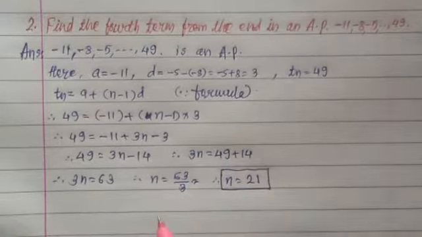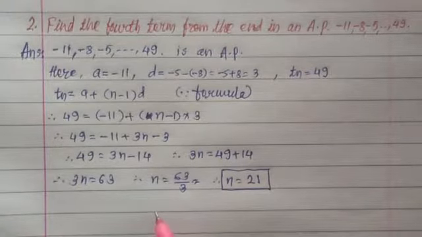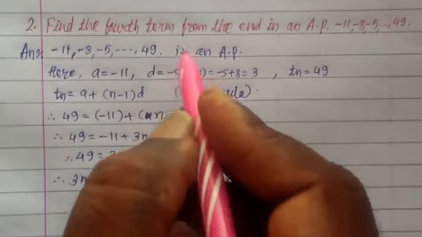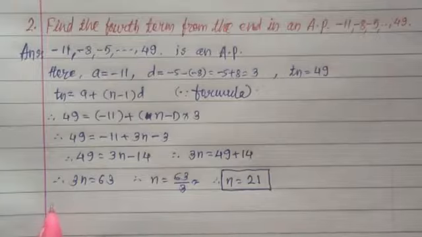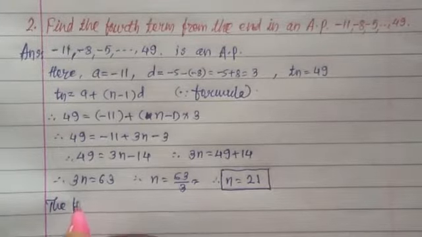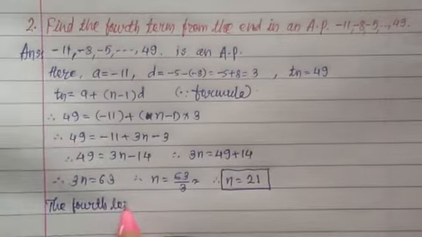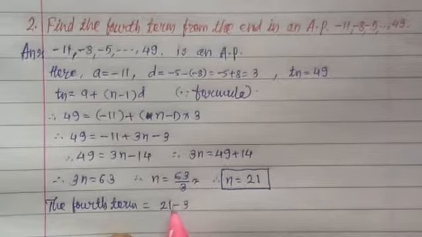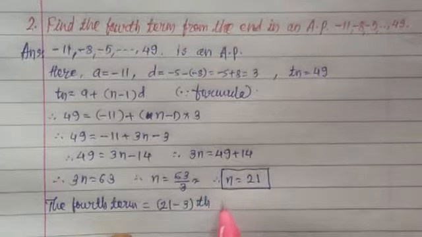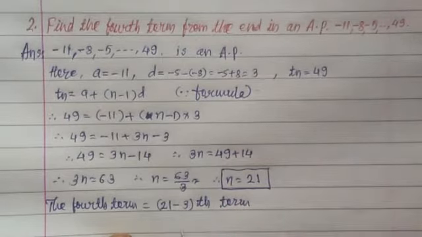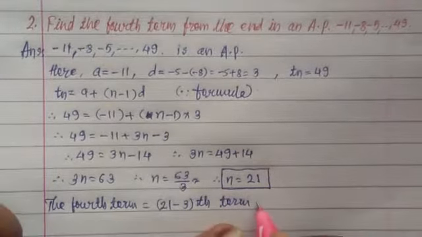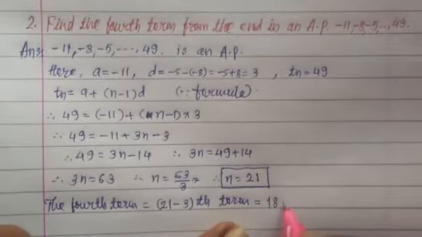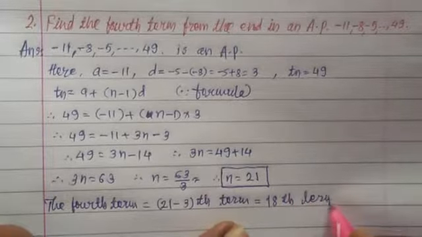Now we have to find the fourth term. The fourth term from the end is equal to 21 minus 3 means here 18th term.